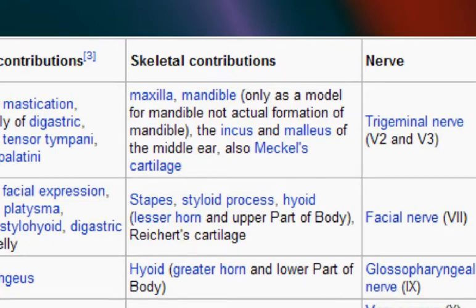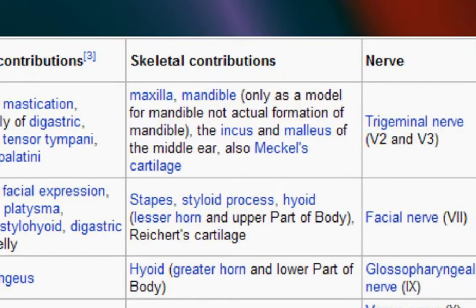Most of these cartilages resorb after bone starts to be formed. However, some parts of these cartilages transform into bone by a process called endochondral ossification.